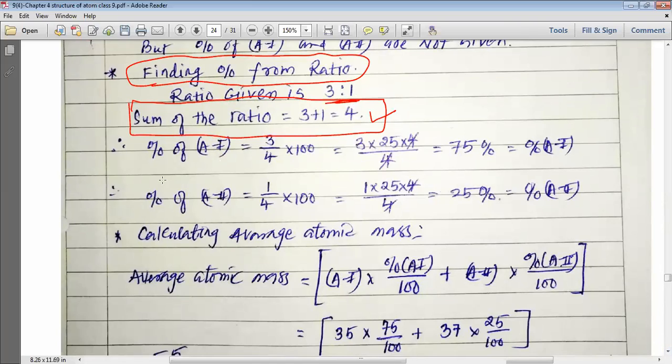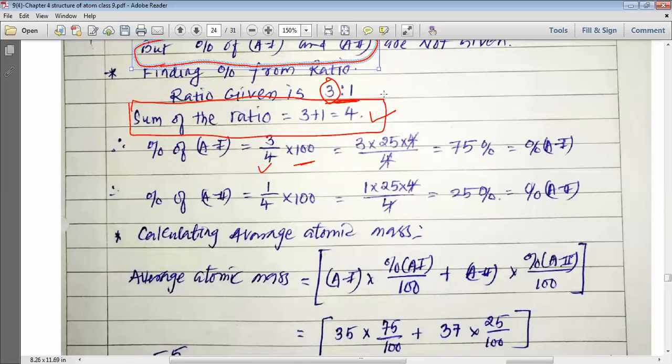Now we take the percentage of isotope 1. To calculate the percentage of isotope 1, we first take the ratio number of that isotope. Out of 3:1, the ratio is 3. Then we divide it by the sum of the ratio, that is 4, and then we multiply it by 100.